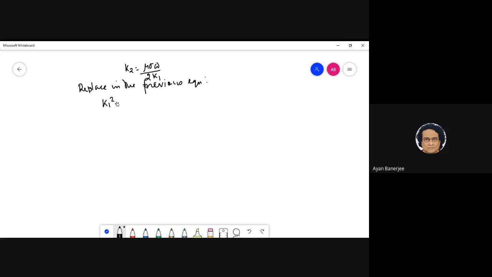K1 square minus K2 square is equal to mu epsilon omega square. I'm saying put it in that K1 square minus K2 square equation.